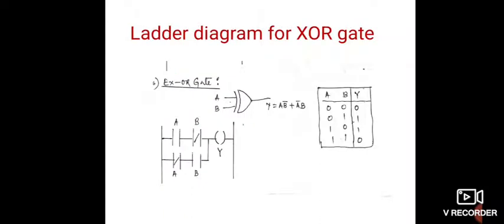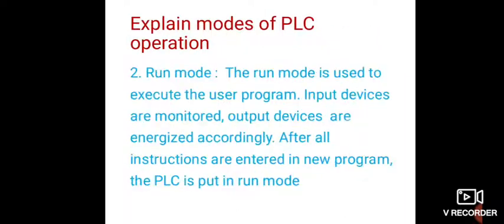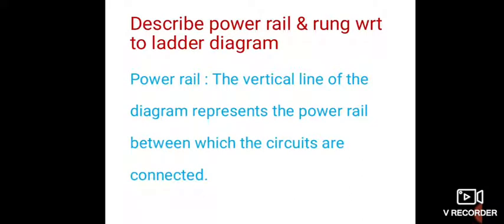Those two vertical lines are called power rails. The left vertical line is the start of the program and the right vertical line is the end of the program. In between these two vertical lines the actual circuit will run.